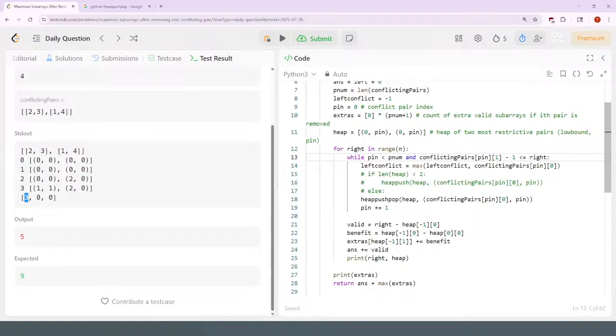My output. So my original count is going to be, oh, let's see. If I remove this one, the other one becomes the blockade.